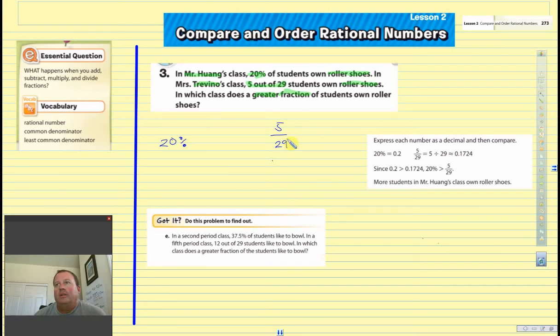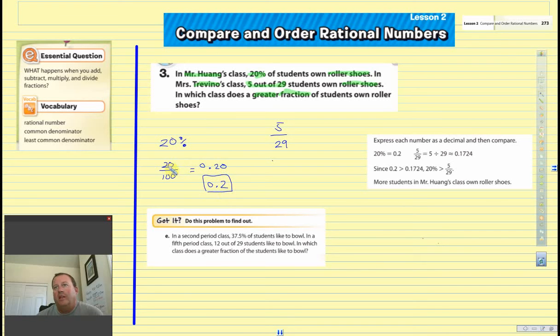One way is to change everything to a decimal. That's probably your best way. If you know anything about percents, 20% is always out of 100, so I'm going to write that out. 20 hundredths is going to be equal to 0.20, which is just 0.2.